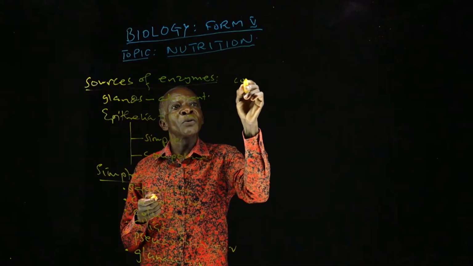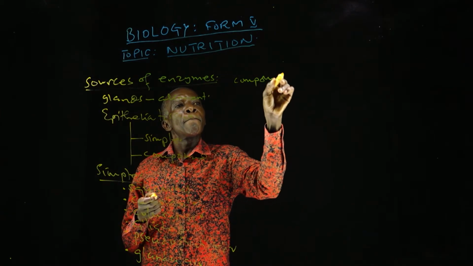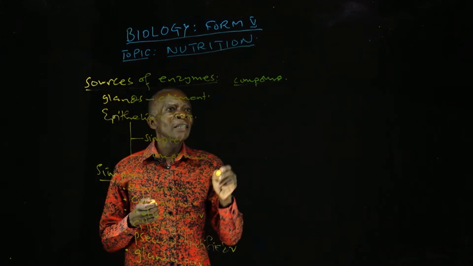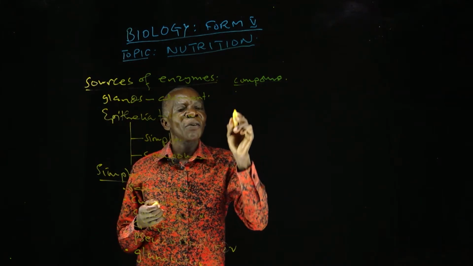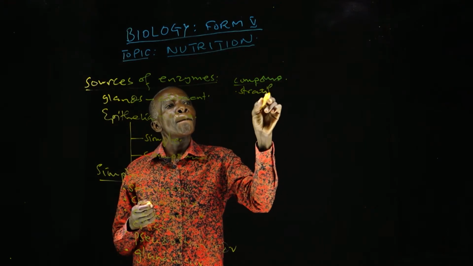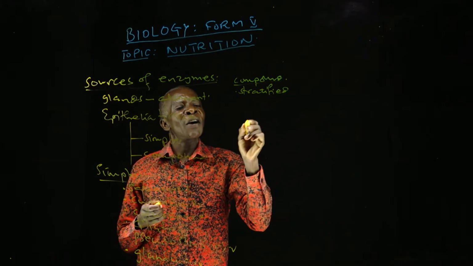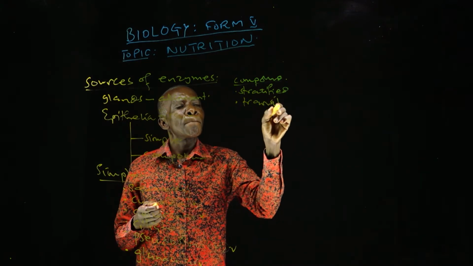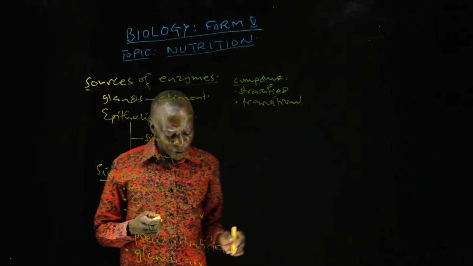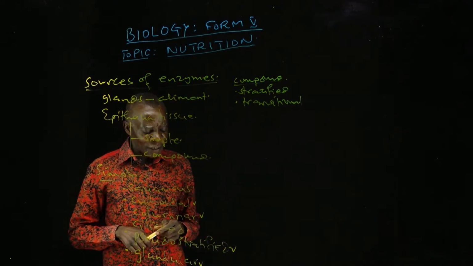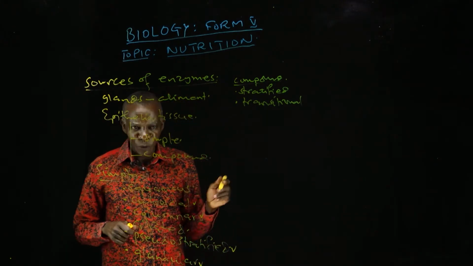Compound epithelial tissues. The compound epithelial tissues are the stratified epithelial tissues and the transitional epithelial tissues.